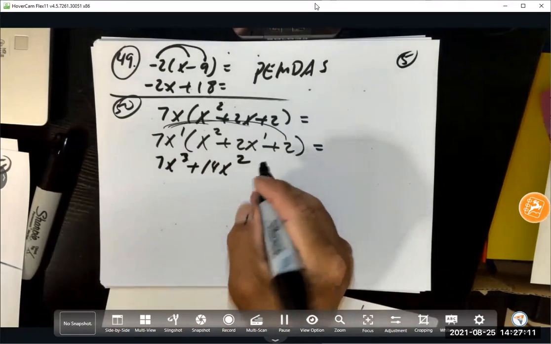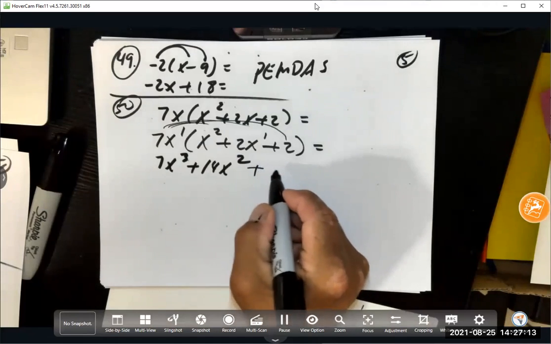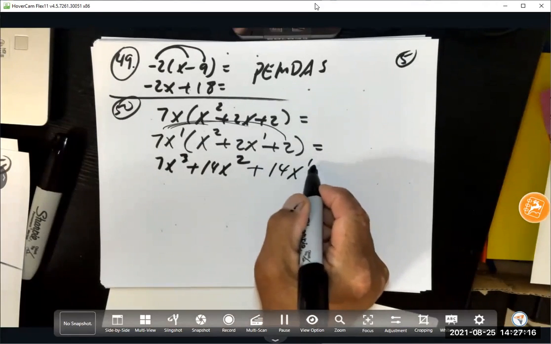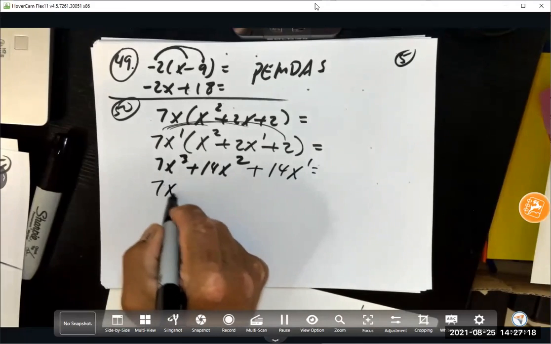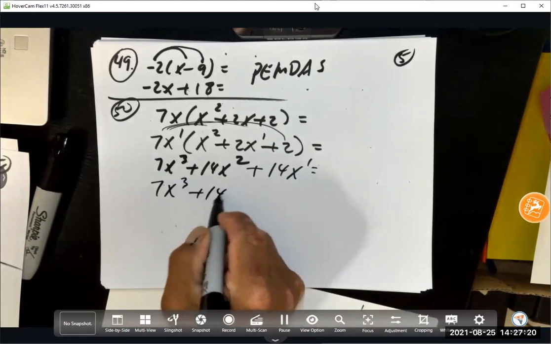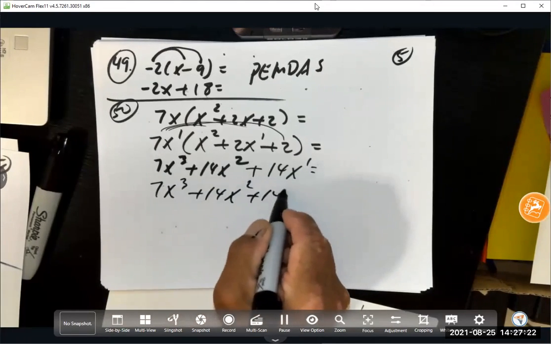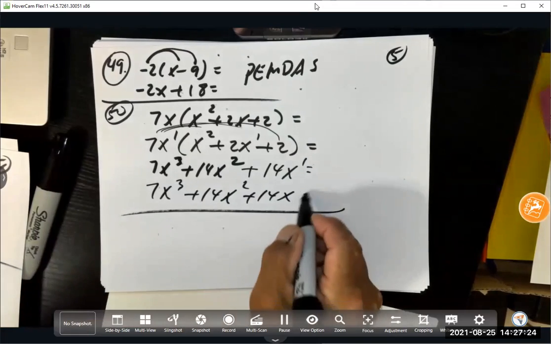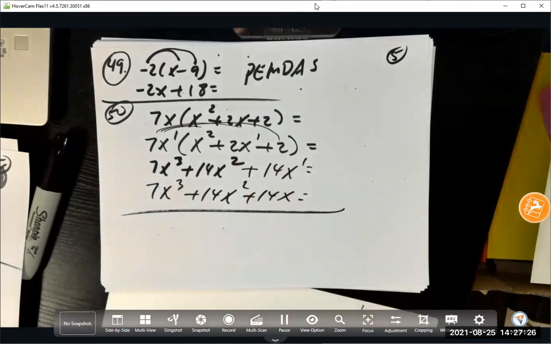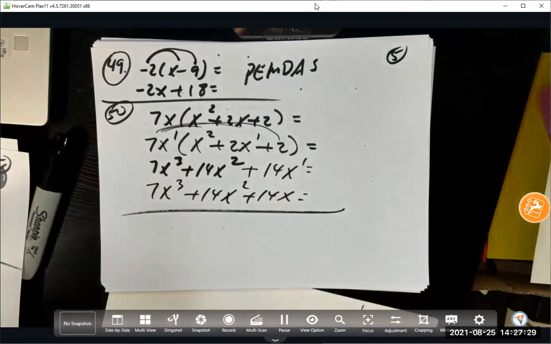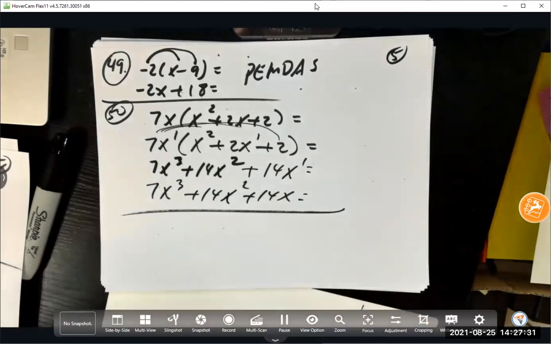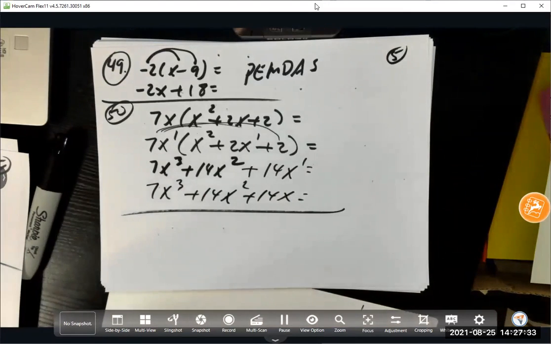What's that going to be? 14x to the power of 1. Exactly. Or you can write it this way also, like that. You don't need the 1 power. If it's 1, don't worry about it. So okay for number 50? Yes. You okay? I'm going to go to the next one then.